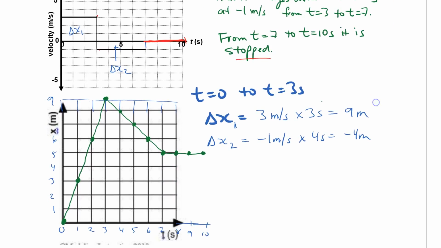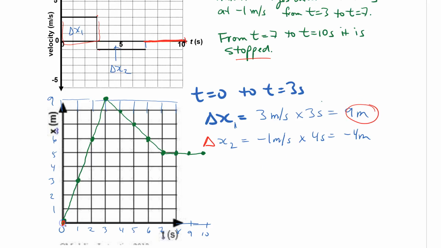Now, when I'm making my velocity time graph, I was thinking about my first interval, my first delta x. I got rid of my delta here by accident, so this is this area here, this first delta x, that would be equal to 3 meters per second multiplied by 3 seconds. So again, if it goes 3 meters for every second, and it does this for 3 seconds, 3 times 3 is 9.